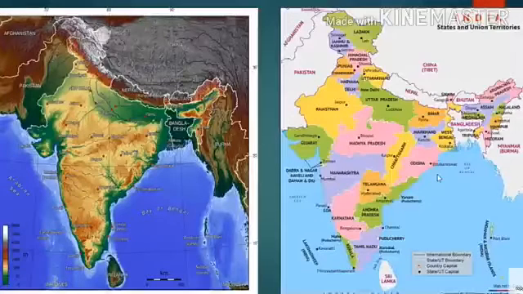Now we come to the important advantage of a map. A map can be carried everywhere. A map is of various types according to its scale, as I have defined you.